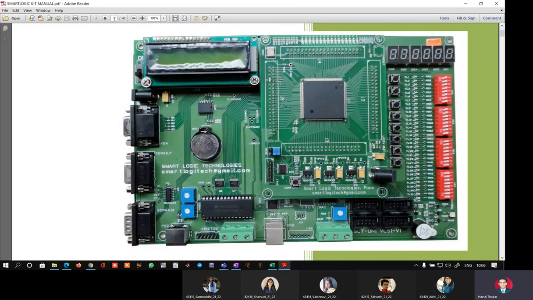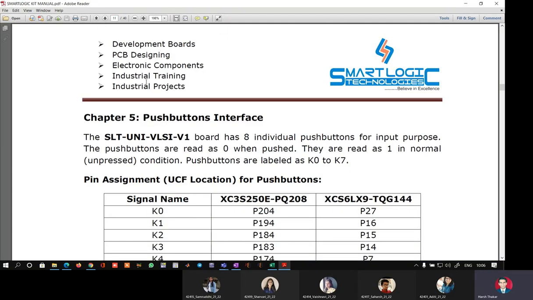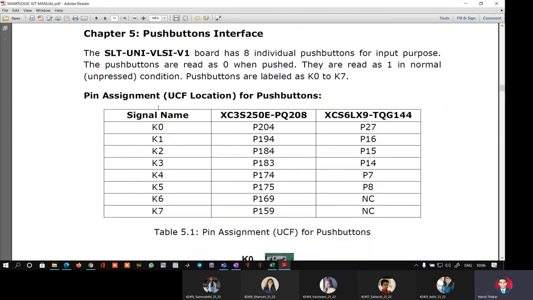So we will go to page number 11, where I have the information called push button interface. The 8 switches are given names K0 to K7, and the first push button switch is connected to pin number 204, and the last push button switch is connected to pin number 159.